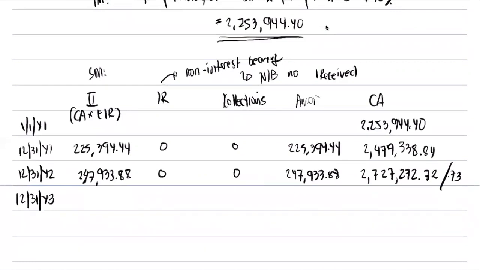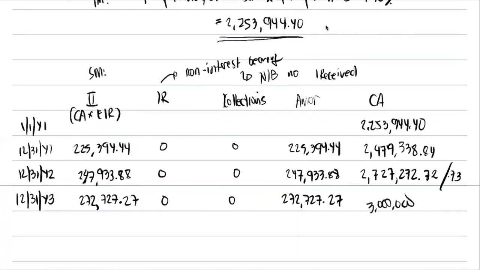And then we have December 31, year 3. So our interest income is equal to carrying amount times effective interest rate. So that is 272,727.27. Interest received is again 0. Collections is again 0. So what is our amortization? 272,727.27. So our carrying amount is equal to 3 million.